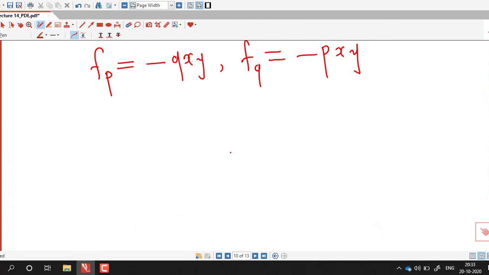Now the next step is to write down Charpit's equations.